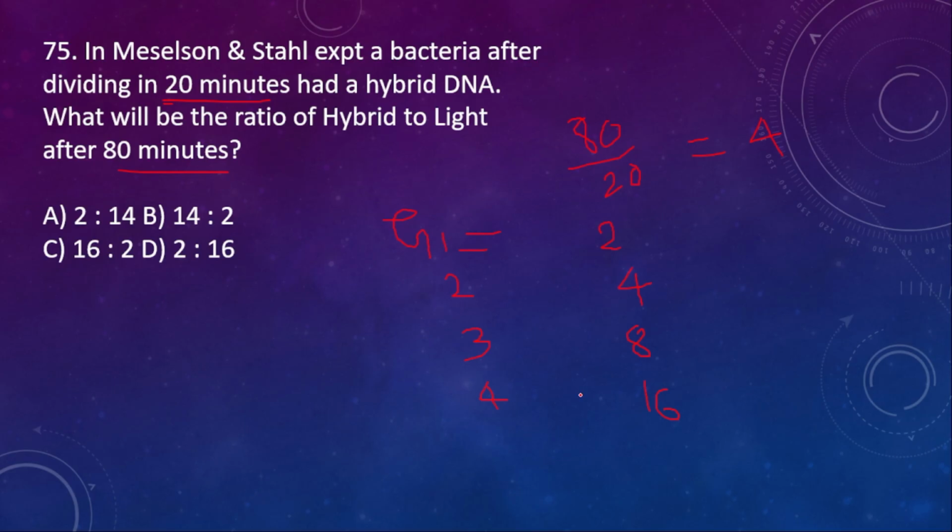So if I take that heavy one, 16 minus 2, how much light will I get? 14 lights I will get. So this can be simplified in the form of 1:7. But since 2:7 is provided in the option, A will be the correct choice.